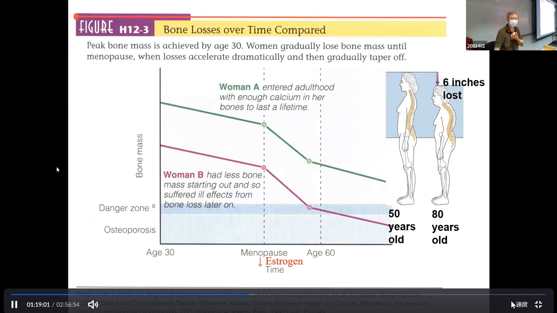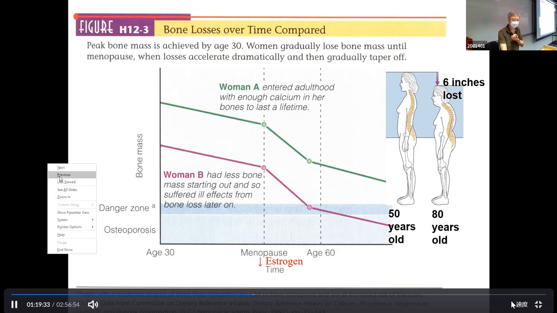What you see here is just an illustration of a female who can in fact lose about 6 inches between the ages of 50 to 80. Now, don't worry about this part. I hope you have seen it before, but if not, it is important for you to appreciate. The x-axis is age. We don't start with 0, we start with age 30.